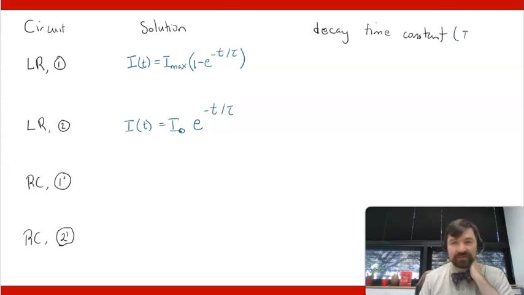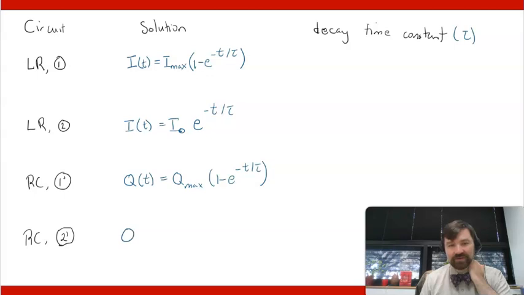Your decay time constant is this tau term, by the way. Down here, we're looking at charge, so Q of t should look like Q max times 1 minus e to the negative t over tau. And then this one right here, Q of t, we're discharging. This is your Q naught e to the negative t over tau.